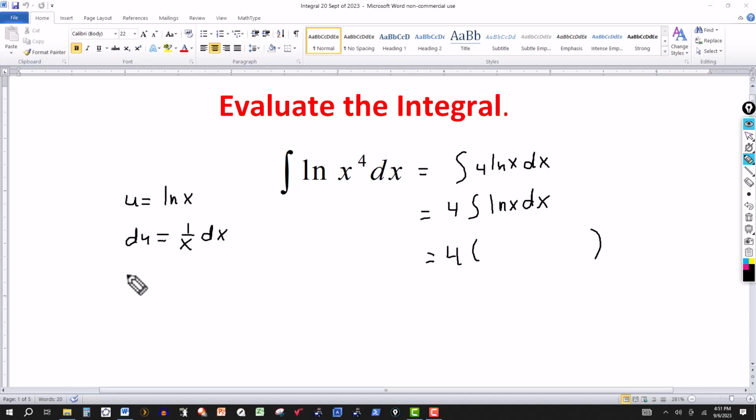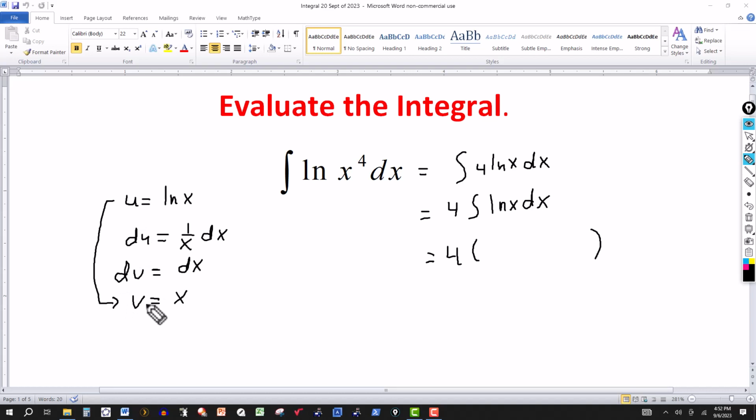And then my dv, or the second part, in integration by parts. Okay, so first part is the u, and then we select the dv and find v. So the dv will be 1, or we just call it dx. And then integrate on the left with respect to v, we get v. Integrate on the right with respect to x, and we get x. And then the formula for integration by parts starts off with the product uv.